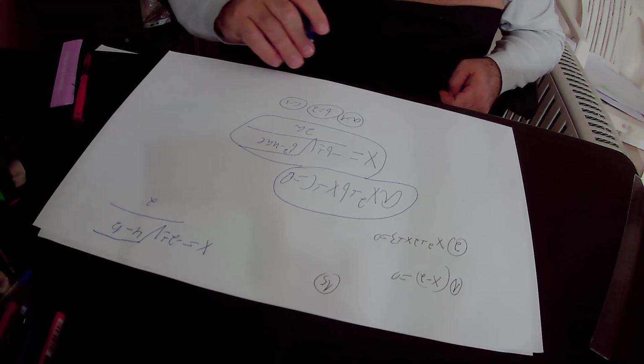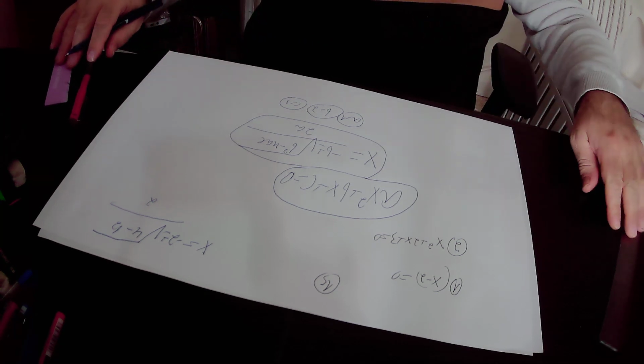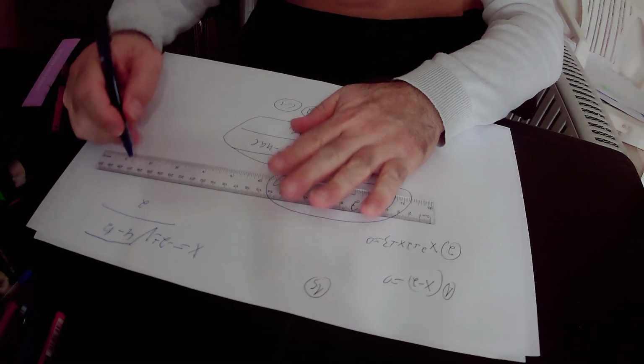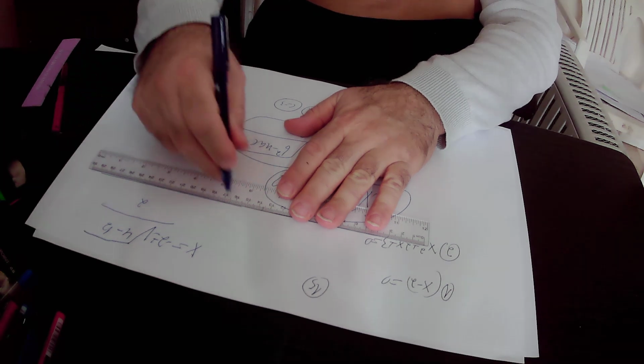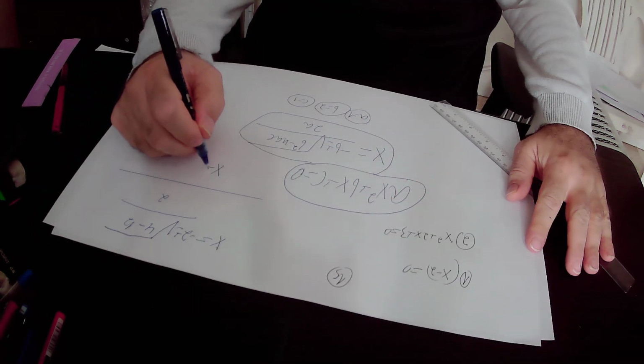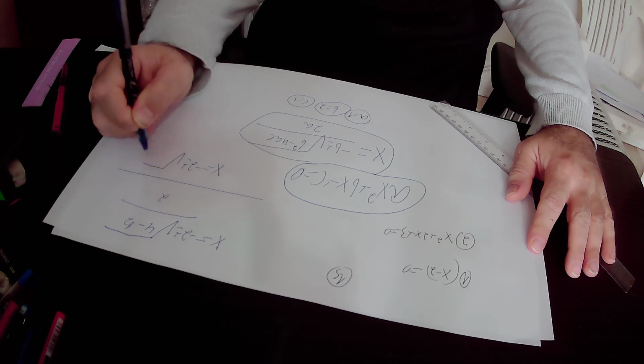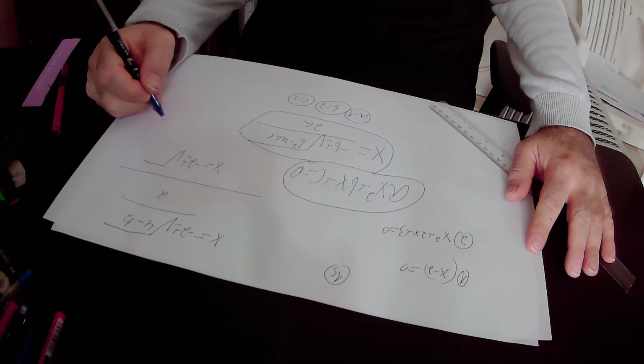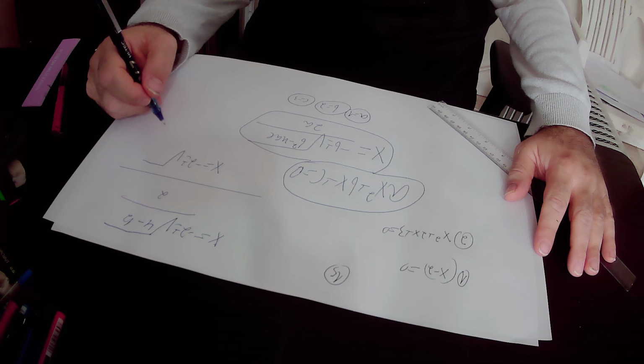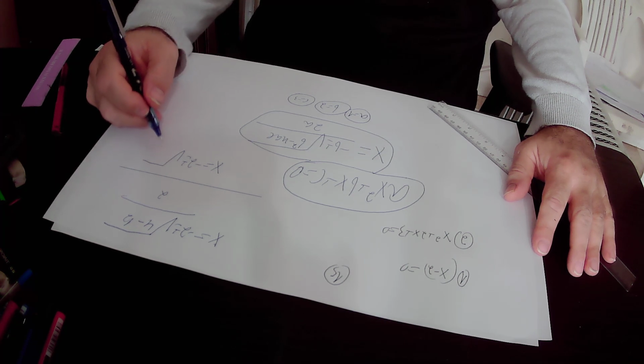So in total we got that x equals minus 2 plus minus the root of 4 minus 12, which is minus 8.